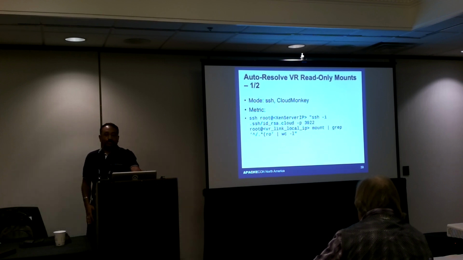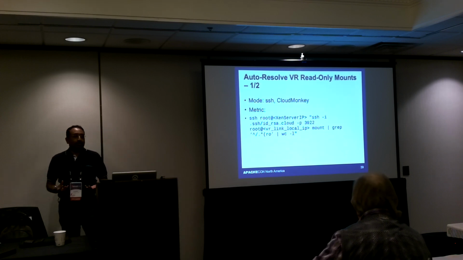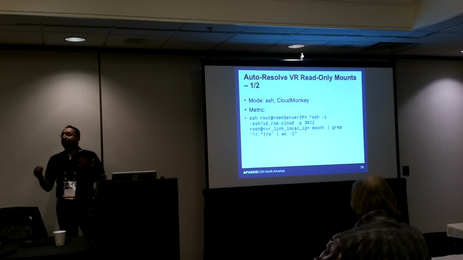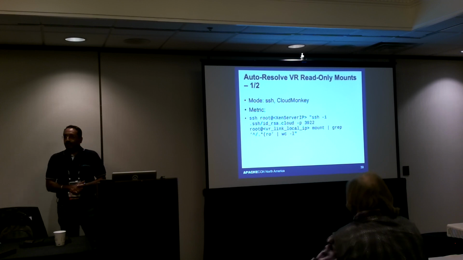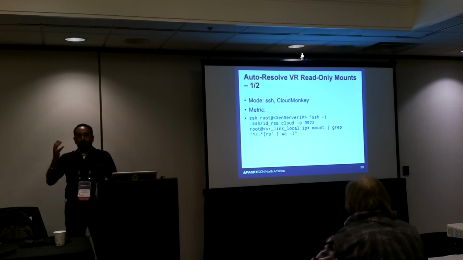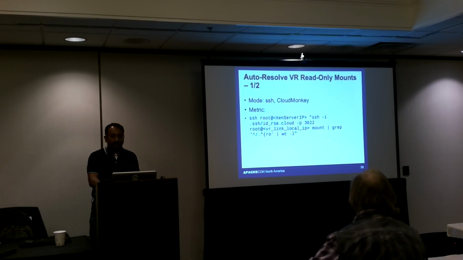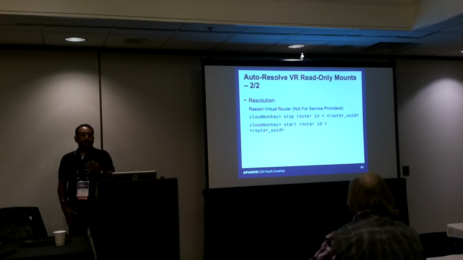So we can periodically obtain a count of all the read-only mounts on the VR, and if we find a mount where it shows as a read-only mount, then we can try to solve it by restarting the router.